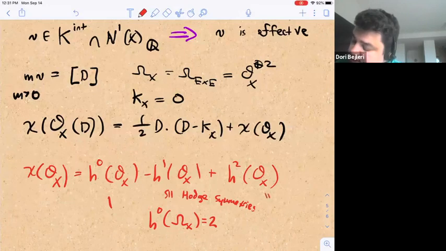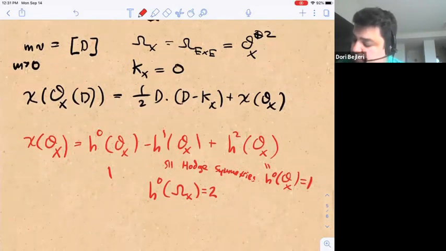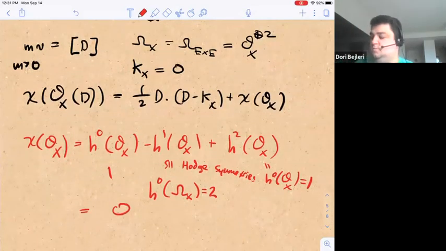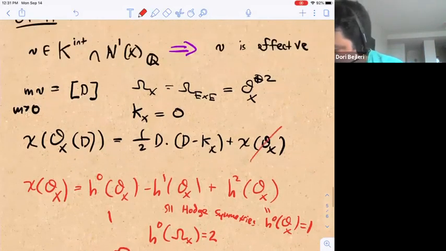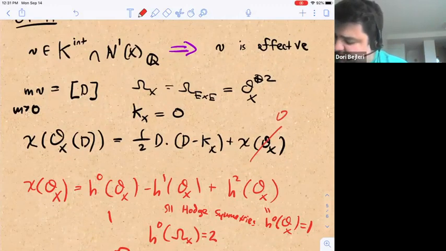This is the same as H0 of O, which is 1. So that tells us that the Euler characteristic is just 0: 1 minus 2 plus 1. So this cancels out in this formula. K is 0, so the intersection of D and K is also 0, so this cancels out.